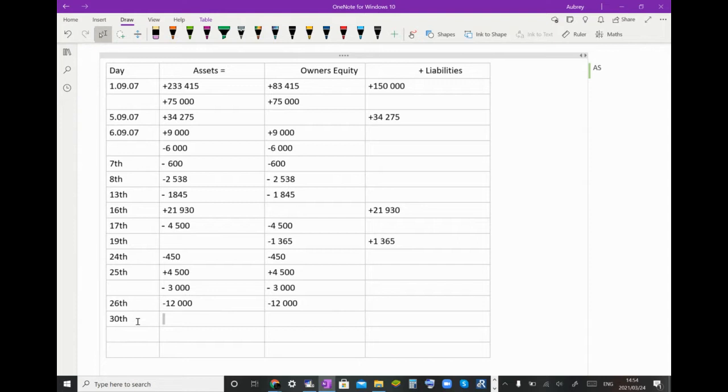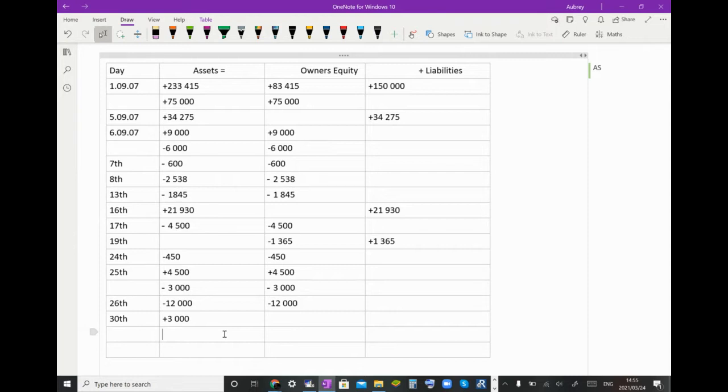It increased. So how does that affect assets? It increases. So plus 3,000. Then we know that debtors control is also affected.